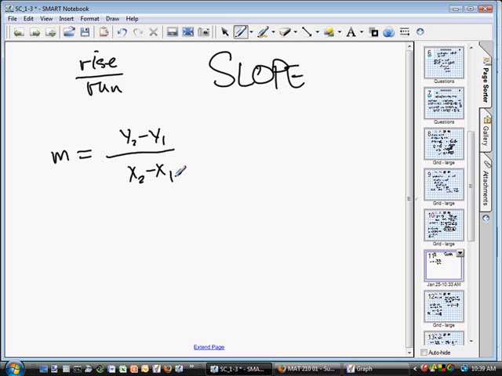The next one, find the slope and y-intercept if possible. The reason they had to put that in there is because you might have one of these undefined things, and then that would mean you could not find the slope. By the way, for undefined, it's okay with me if you use UND as an abbreviation. I've had people in the past who said there is no slope, so they wrote 0 down.